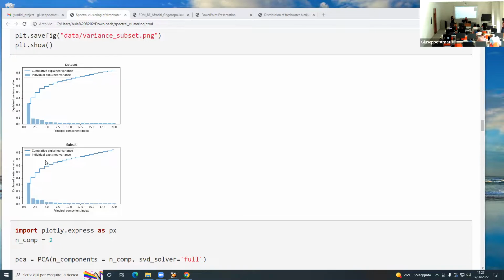In R, there is not really a function that does the k-means clustering on a subset and then just predicts it on the whole data set. Maybe there are some ways, but they're not as well implemented as in Python. And probably there is also a larger machine learning community in Python, so a forum that you can read and so on. Okay, very good.